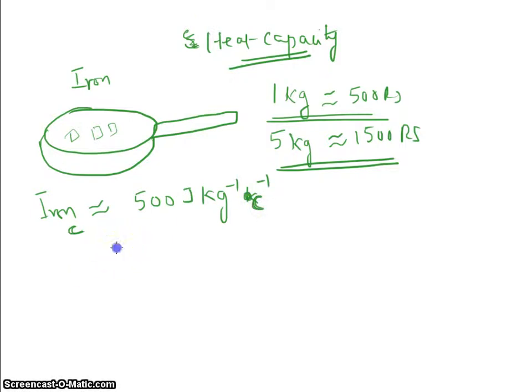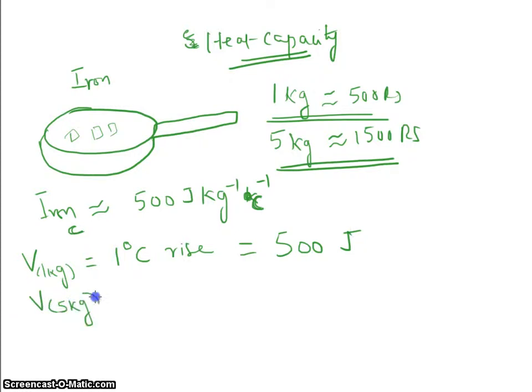So for 1 degree Celsius rise, the vessel 1, which is 1 kg, can absorb 500 joules. The vessel with 5 kg, for 1 degree Celsius rise, can absorb 2,500 joules.